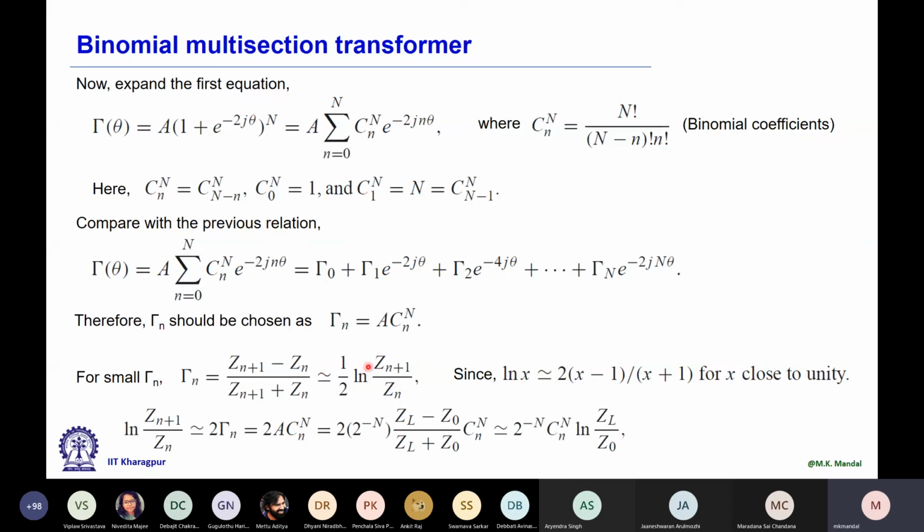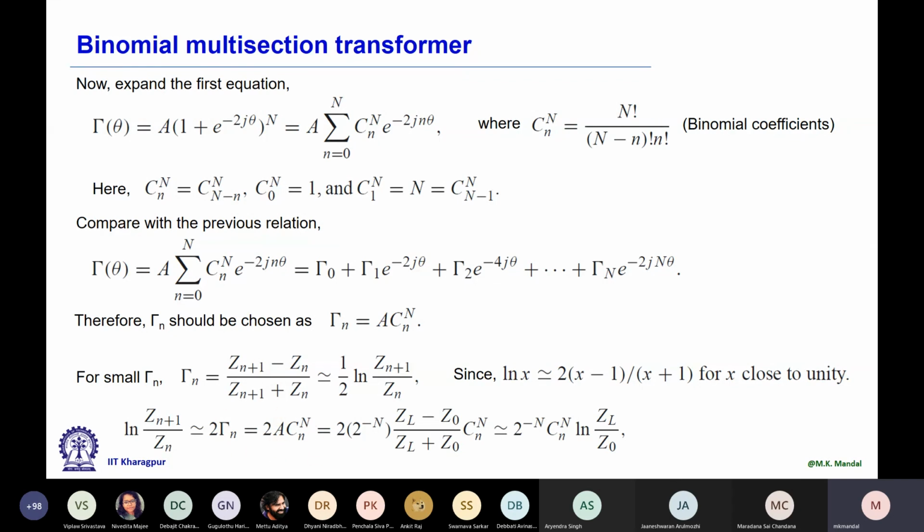Well, so now we use this relation above. So ln Zn plus 1 by Zn is equal to twice gamma n, and this relationship I am now using here. So it is twice A C small n capital N. This is for any arbitrary small n, right?